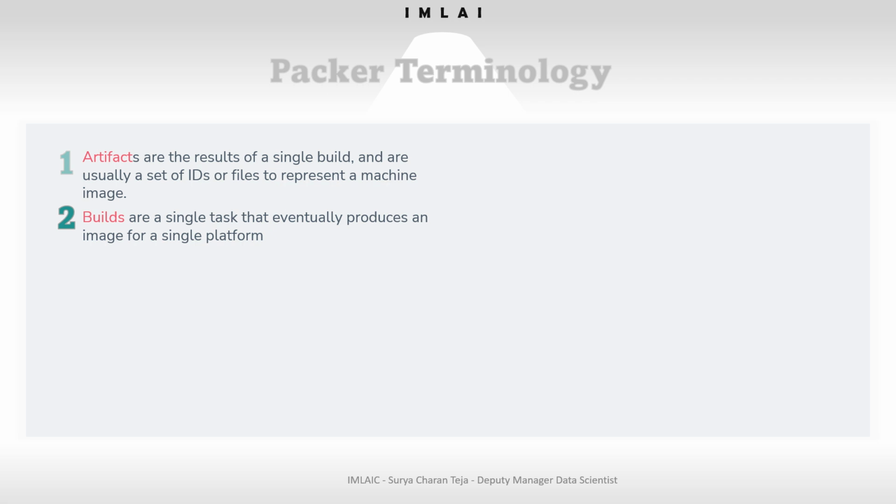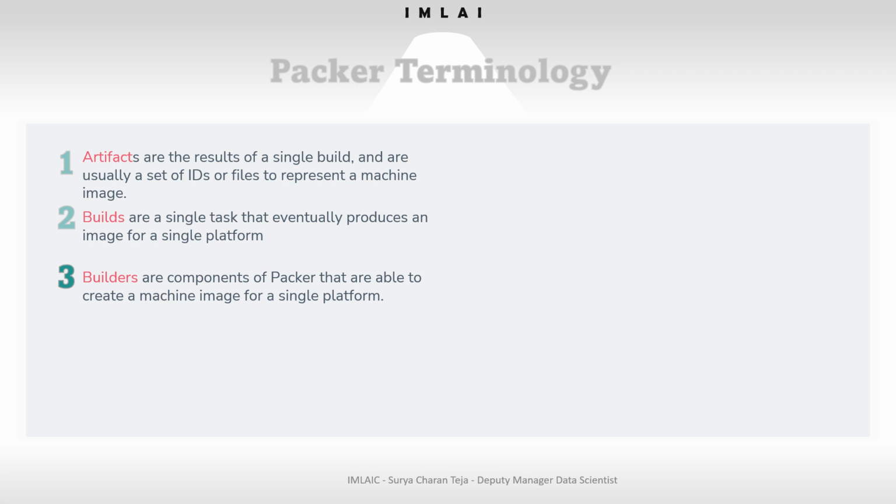And the third term is builder. Who is the builder? Builders are components of Packer that are able to create a machine image for a single platform. Builders read in some configuration, that's the configuration file, and use that to run and generate a machine image.